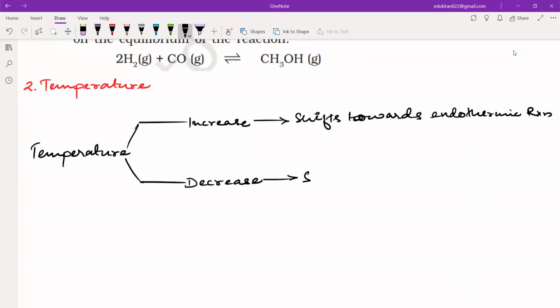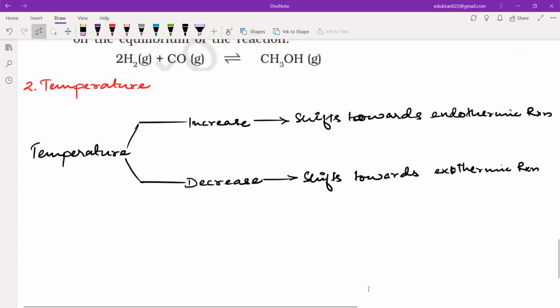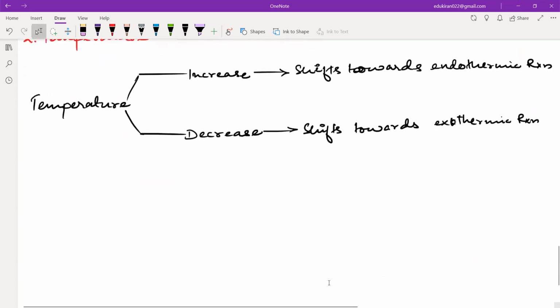And if I decrease it, it will shift toward the exothermic reaction. Okay, so this is about the temperature when I increase or decrease it.